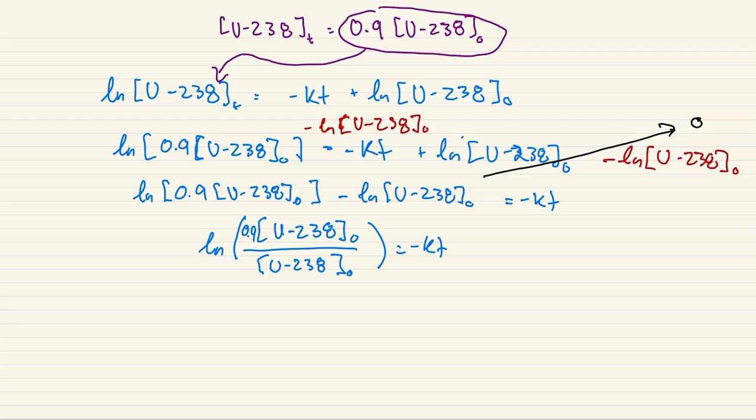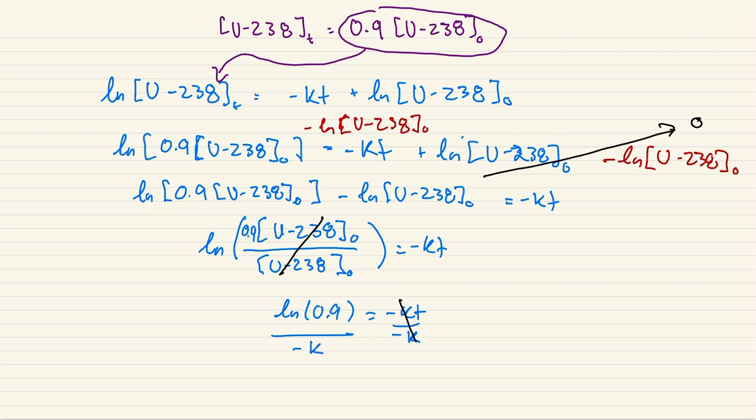And then how does this simplify from here? Yep, these two cancel out because they're the same initial concentration. So we get ln 0.9, which is going to be a negative number, equals minus kt, divide both sides by minus k.